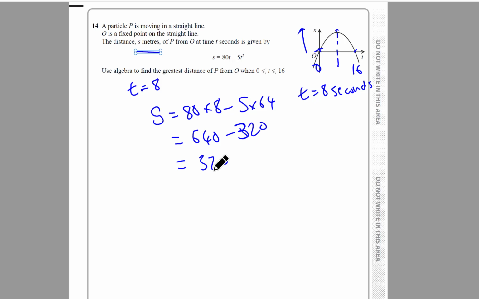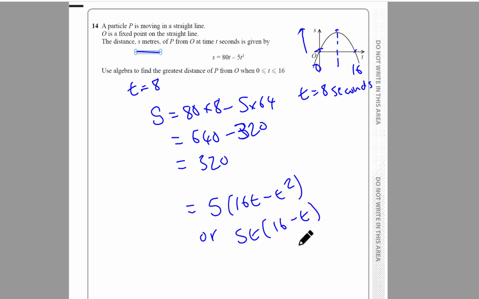Now, there's another way you can do this by factorising this out. We can take 5 out, 16t minus t squared, or write 5t(16 minus t).